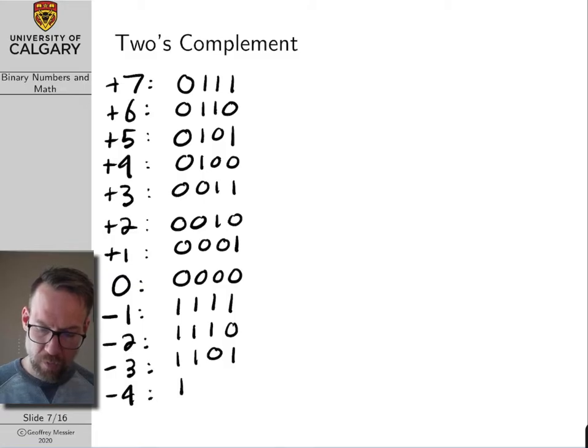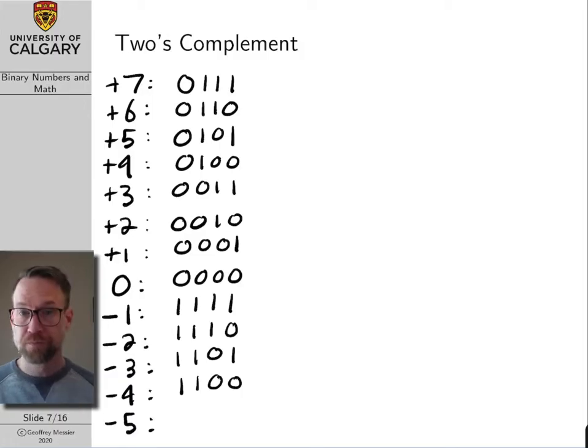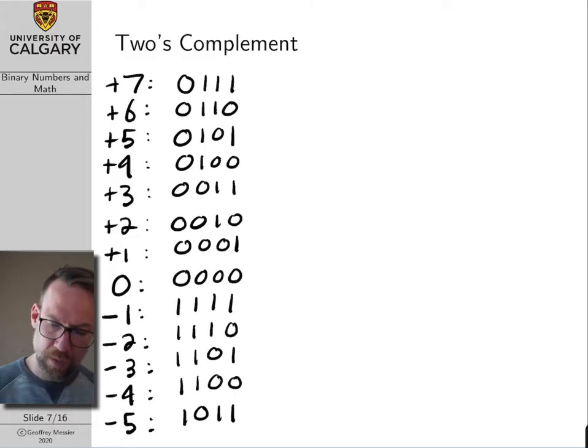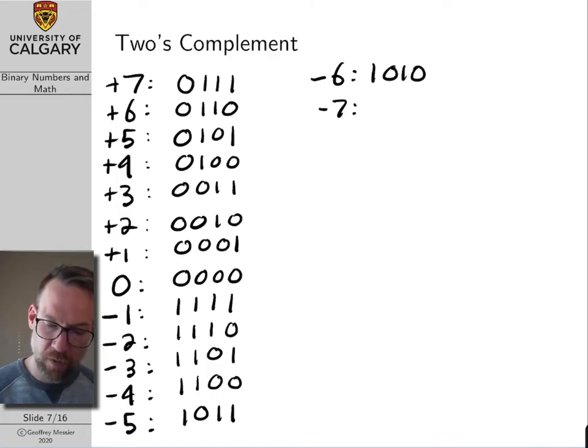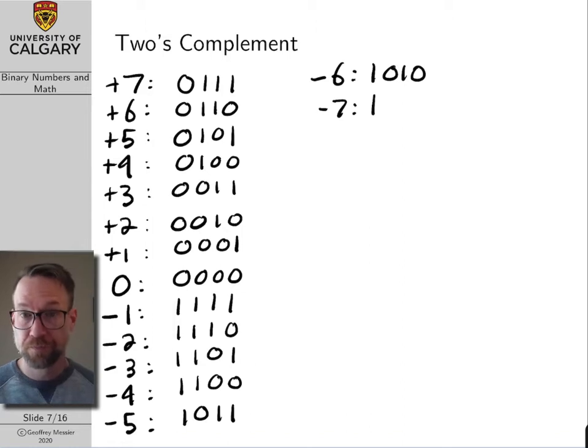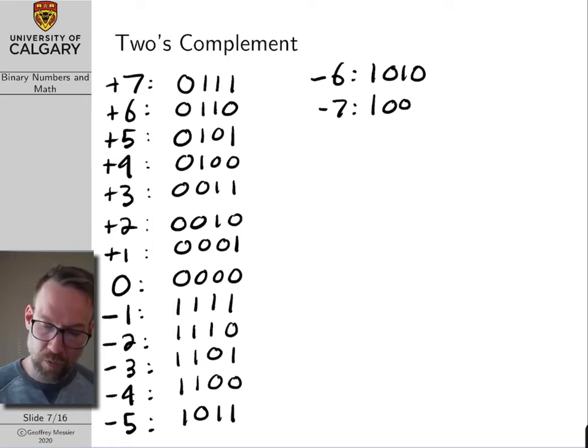-4, 1, 1, 0, 0. -5, 1, 0, 1, 1. Wrapping it around up here. -6 is 1, 0, 1, 0. -7, 1, 0, 0, 1.